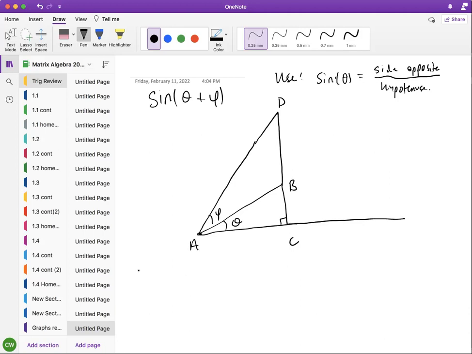So what is sine of theta? We know by opposite over hypotenuse, it's equal to BC divided by AB.